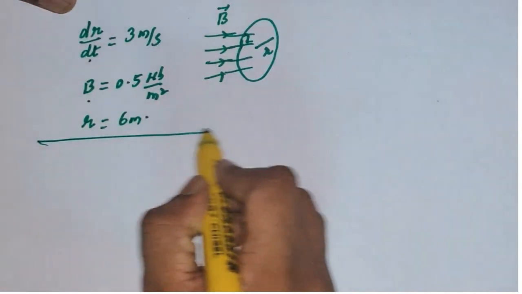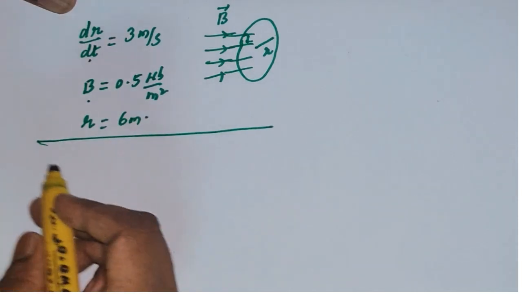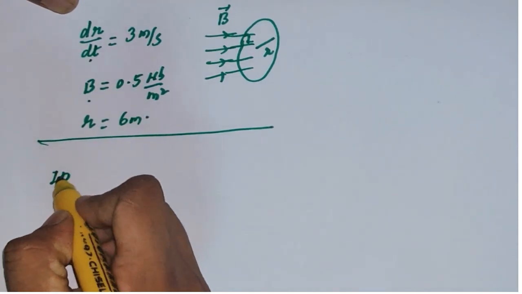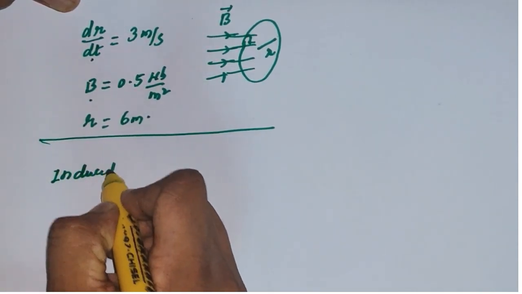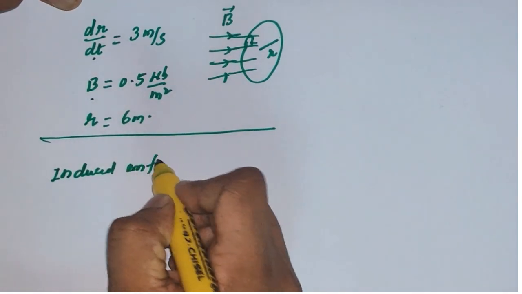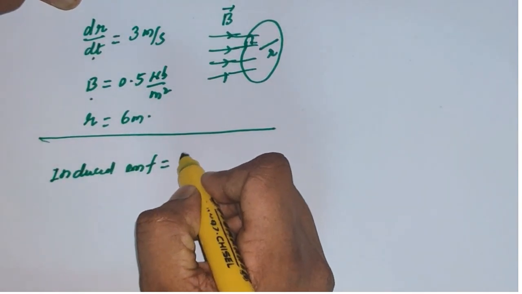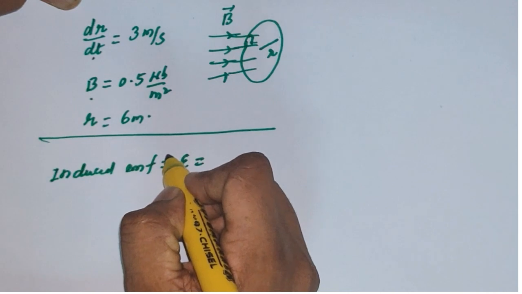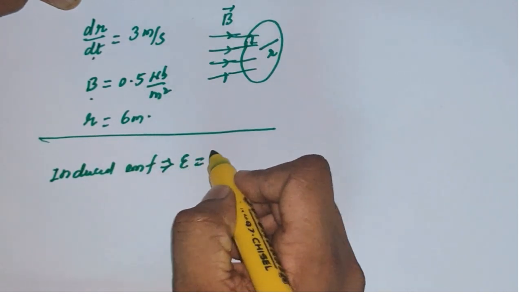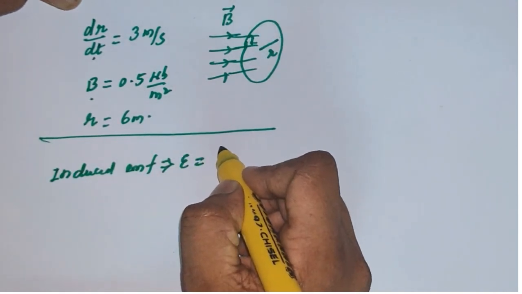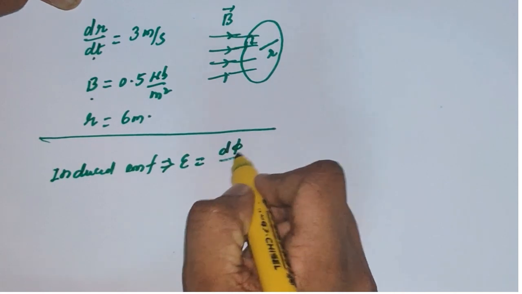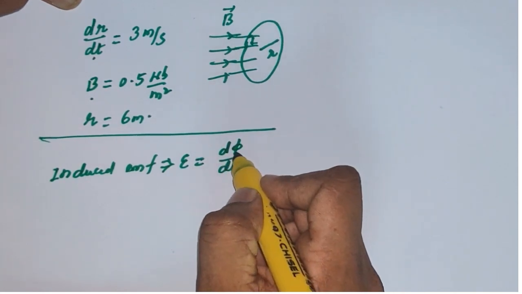We know the formula for the induced EMF: in general, the induced EMF is equal to d phi by dt, the rate of change of flux.